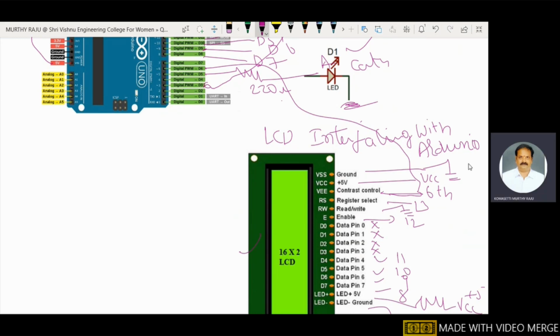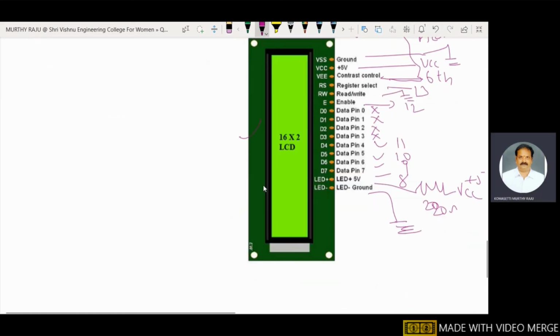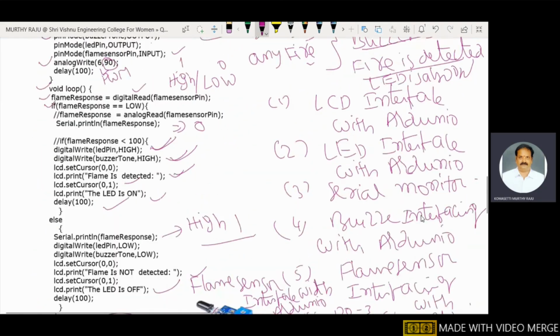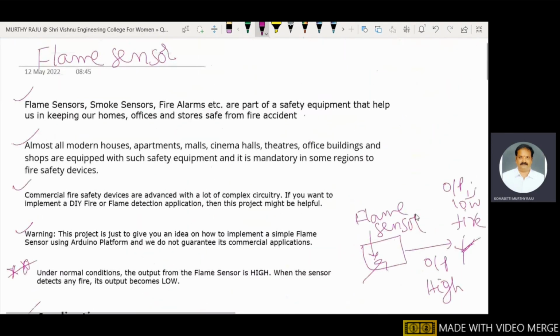Whenever a fire is detected, the data pin of the flame sensor is low. The buzzer is on, the LED is on, and fire detected is indicated on the screen. These are some important concepts related to the flame sensor.